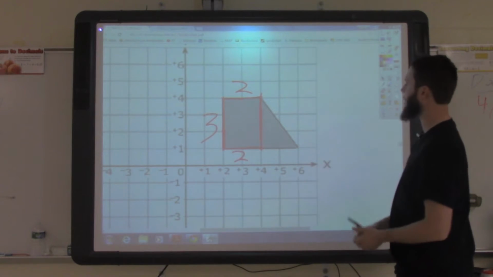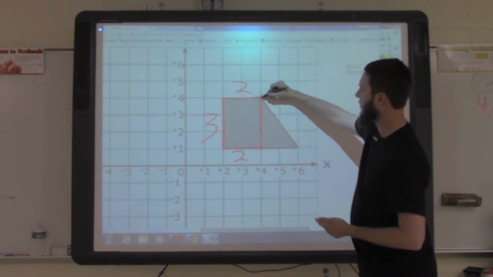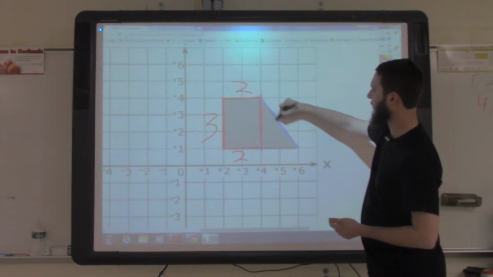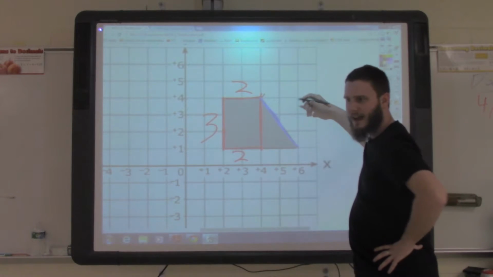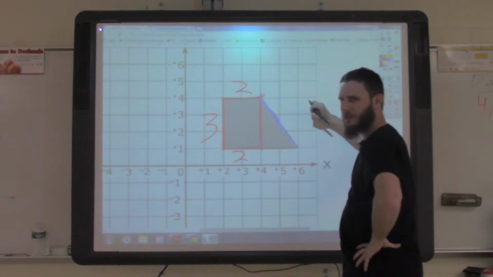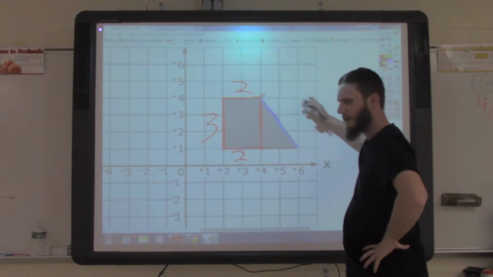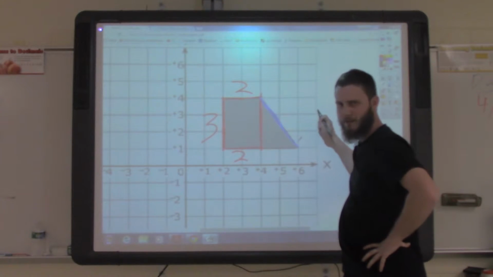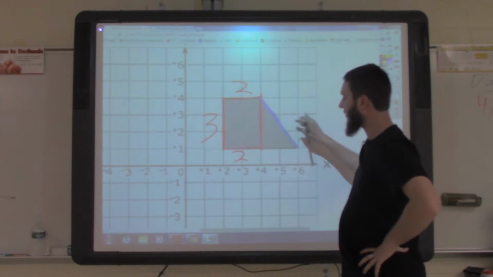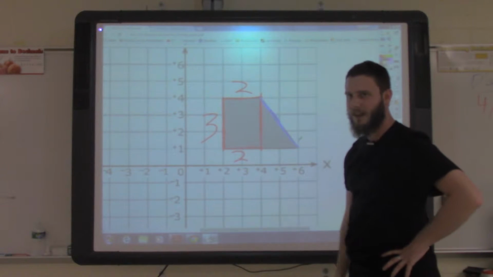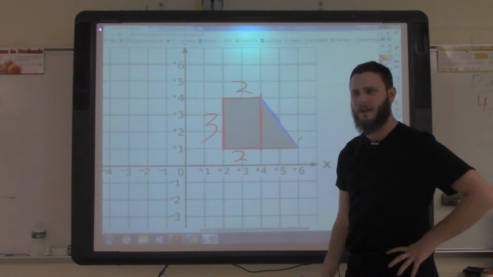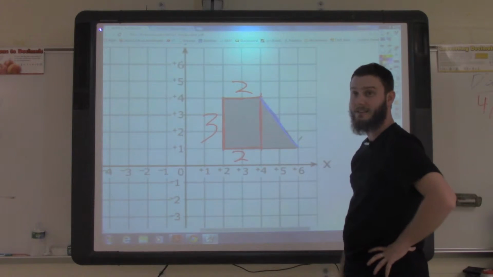Let me switch to a different color for our triangle. We don't really need the dimensions of this shape. A lot of my students were a little confused and very concerned whenever they saw this shape on a grid. They weren't totally sure what to do with this diagonal line. And to be honest, you don't need to be concerned with it. You don't even need that at all.